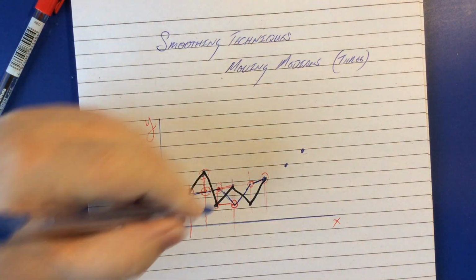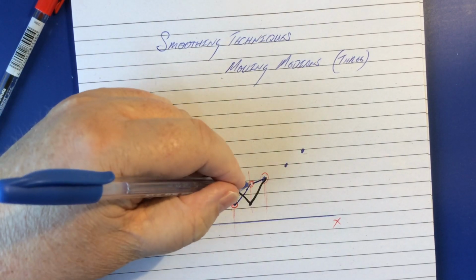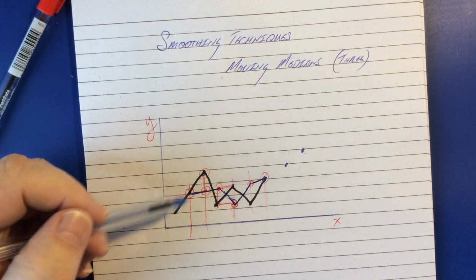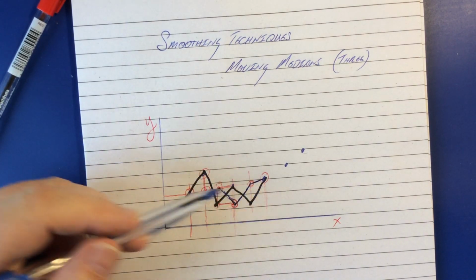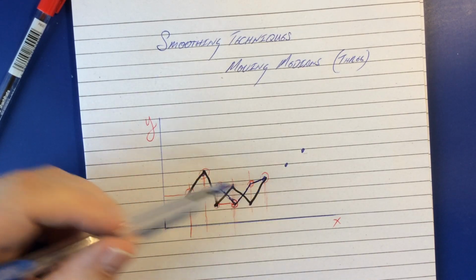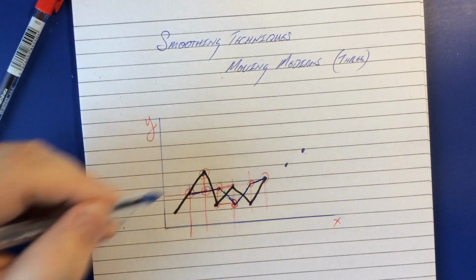And we have the new line in blue. I hope you can see that there. And what you can see, I hope, is that the original line, which is black, is very, very jagged. If we join up the data points, it's a very, very jagged line. And this is considerably smoother.